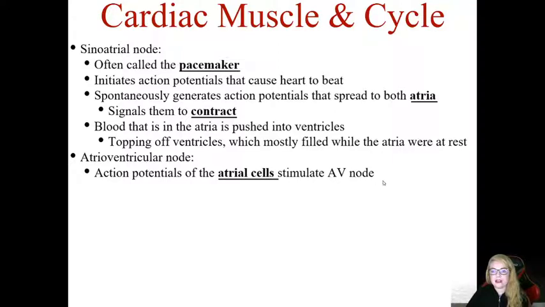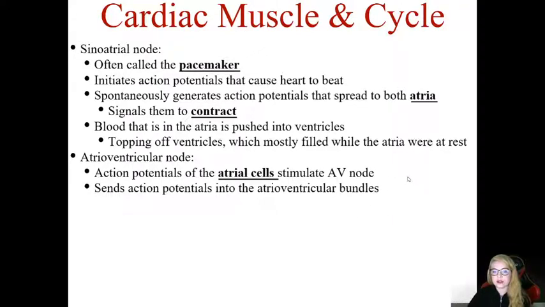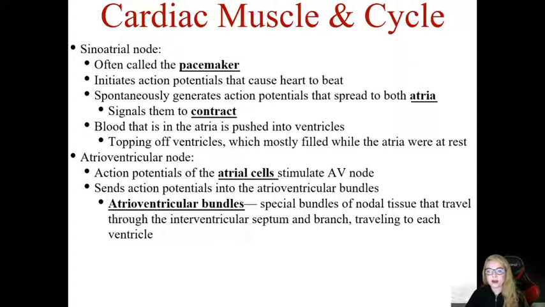This stimulates the AV node, and this sends action potentials into the atrioventricular bundles. So, the atrioventricular node to the atrioventricular bundles. And atrioventricular bundles are just a special set of bundles of nodal tissue that travel through the interventricular septum and branch, traveling to each ventricle.